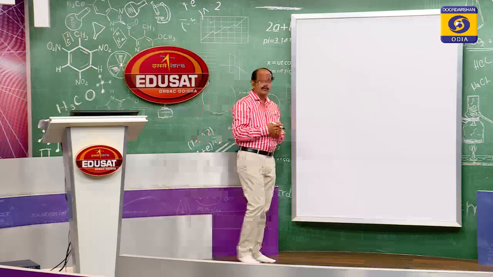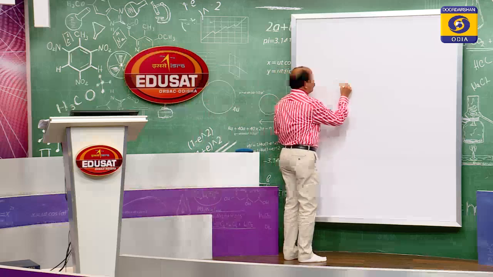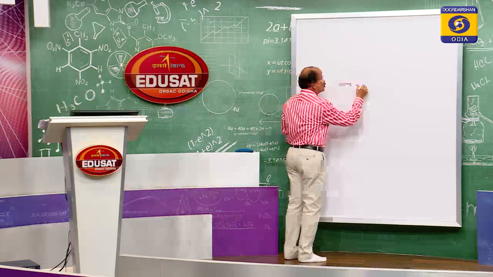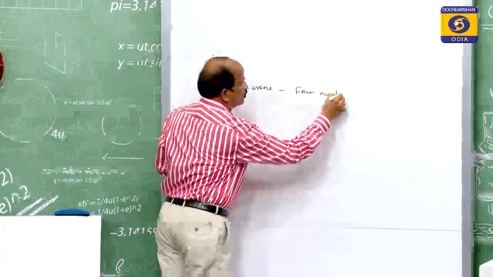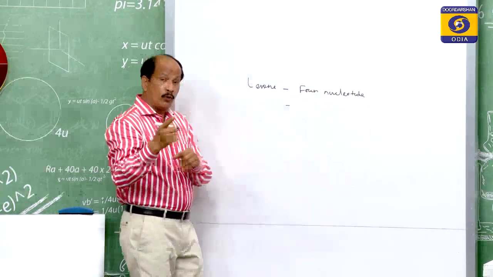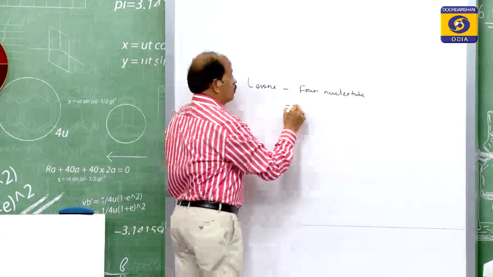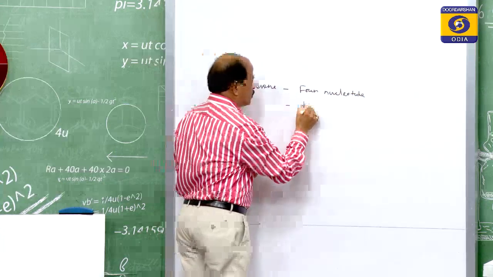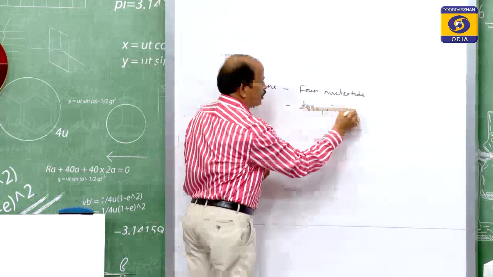Two important findings of Levene: he found that DNA consists of 4 nucleotides, and another thing is that we say it is deoxyribonucleic acid. So, he also discovered that deoxyribose sugar is present in this DNA.